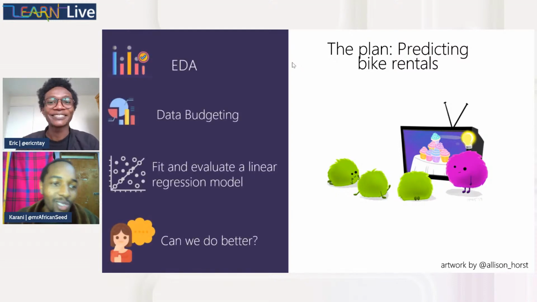Yeah, I do have a solid plan, and recall that we are using the company that rents bikes. To train a model, first we'll start with a data sample, and the data sample contains the features and known values for the label. In this case, we need the historical data which the company has been collecting. Then the next step will be to take that data and split it into two data sets.